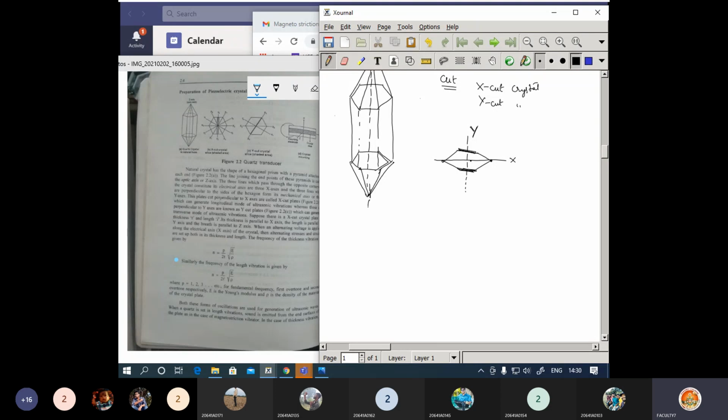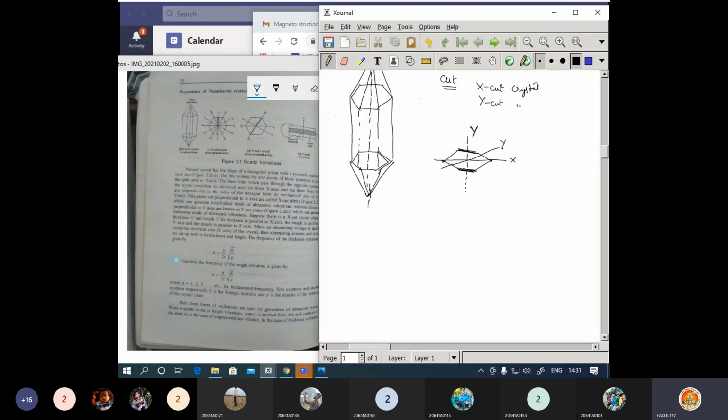Now how many x-axes and how many y-axes can we find? If you draw the exact line, it goes like this.